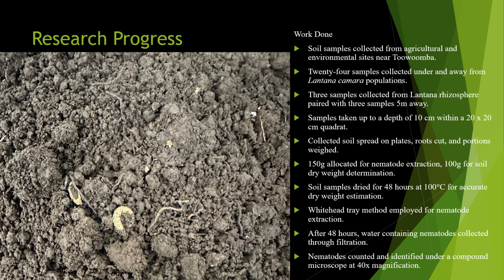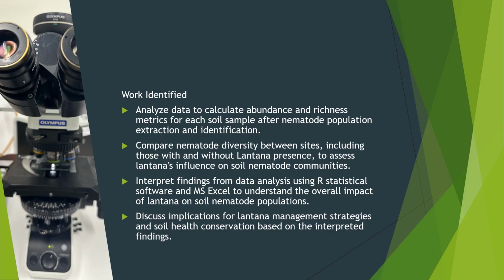Nematodes were counted and identified under the compound microscope at 40 times magnification. Work to be done: analyze data to calculate abundance and richness metrics for each soil sample after nematode population extraction and identification. Compare nematode diversity between sites, including those with and without lantana presence, to assess lantana's influence on soil nematode communities.